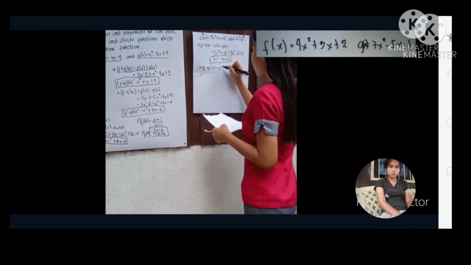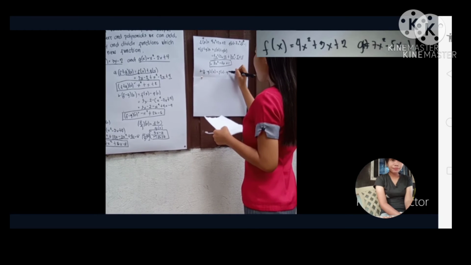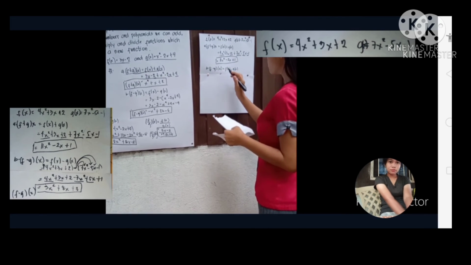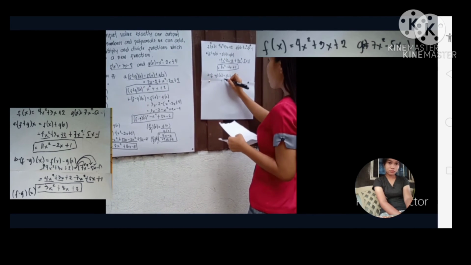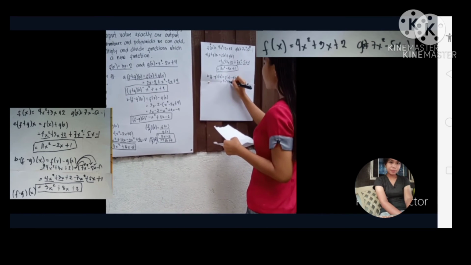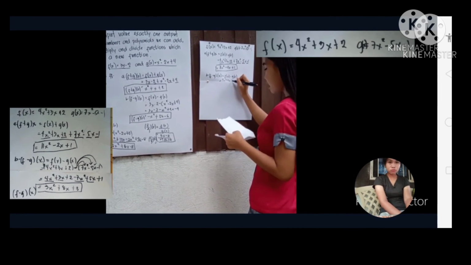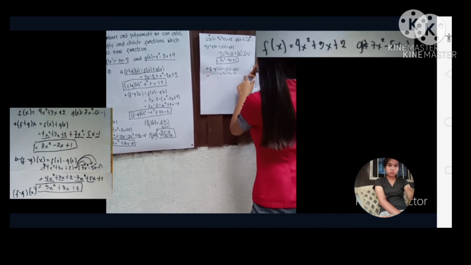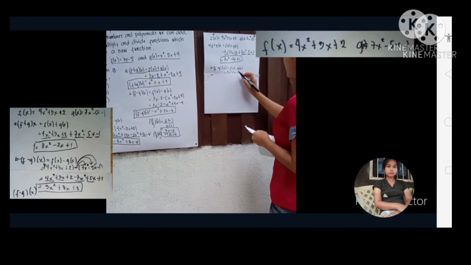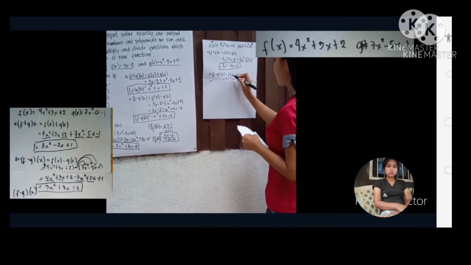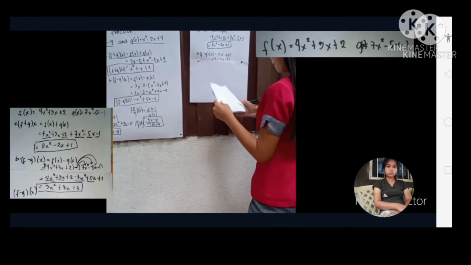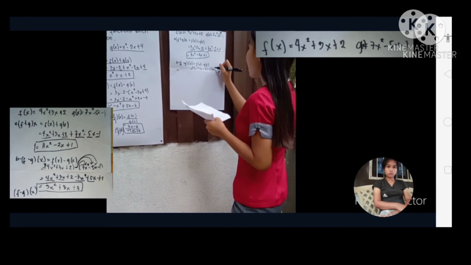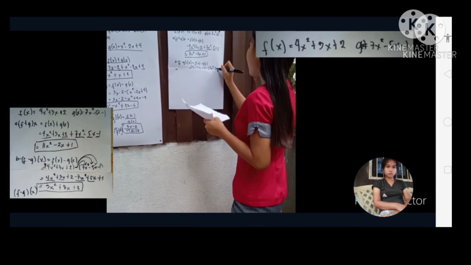So, f of x minus g of x is equal to the value of f of x, 4x squared plus 3x plus 2, minus the value of g of x, 7x squared minus 5x minus 1.